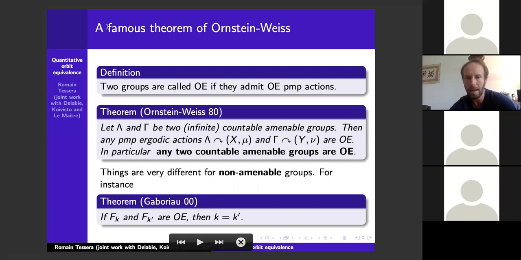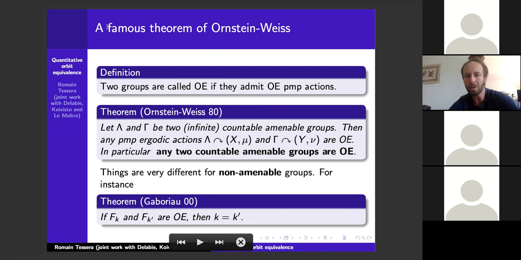The theorem is just the following: any pair of PMP ergodic actions of infinite amenable groups are orbit equivalent.